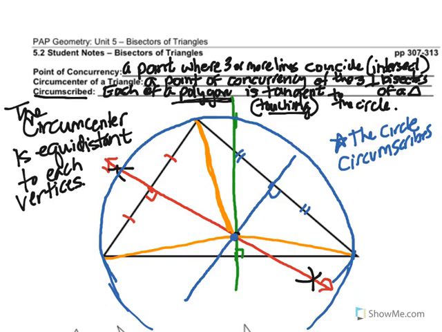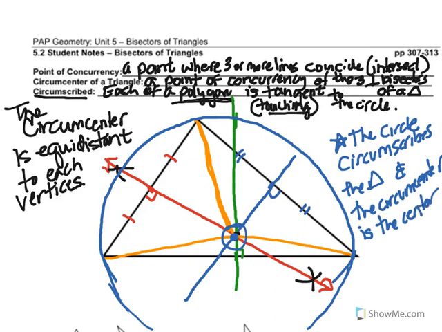Each side of the figure is tangent, meaning it hits the circle in only one spot. It circumscribes the triangle, and the circumcenter of the triangle, meaning this point right here, is also the center of the circle.